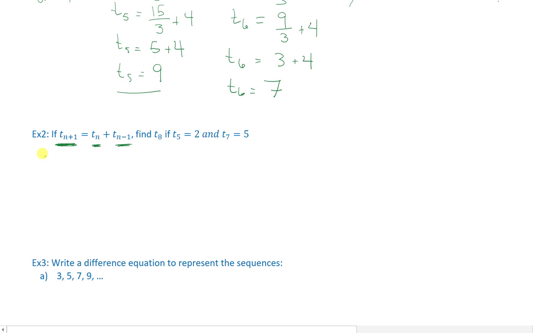So again, going back to that key idea, what is this really saying? Well, these two terms are just the two terms directly before Tn plus 1. So all this is saying really is add the previous two terms.